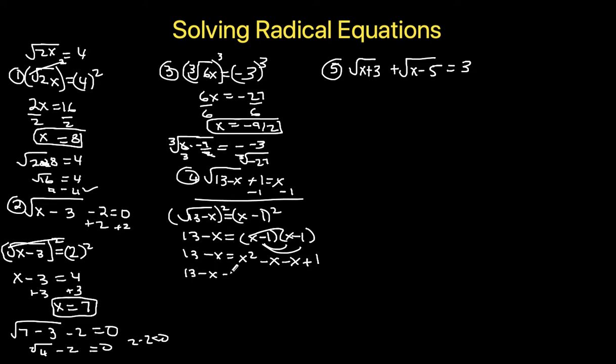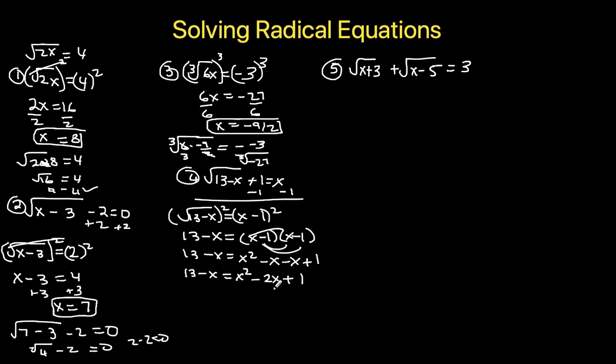Next, we will combine like terms on the right side. Negative x minus x is negative 2x plus 1. So now how do we solve this? If you see a squared or an exponent, you need to factor, or use the quadratic formula if it's squared, or any of those other methods we learned in the quadratic equation section. One of the things you need to know is it must equal 0.